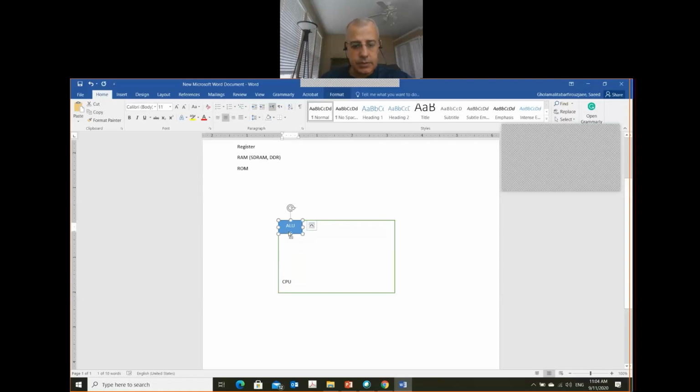Let me just Control C and Control V. Okay. So the ALU, the arithmetic logic unit, needs temporary storage to be able to process those information. So we have registers.